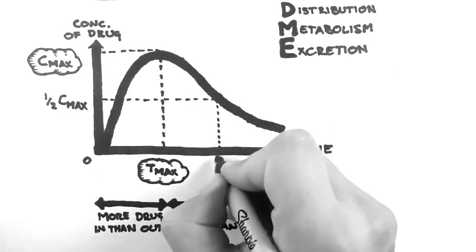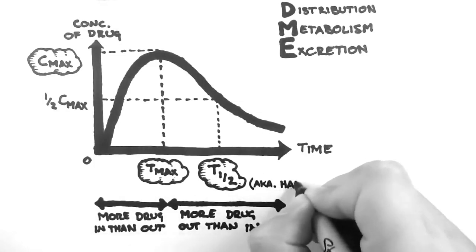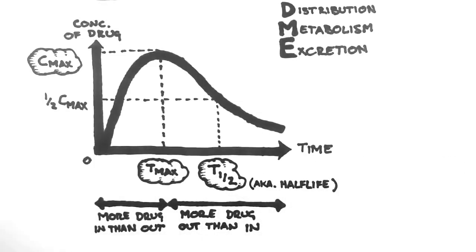And therefore, the half-life, which is often denoted T half, is the time between Tmax and where I've drawn T half here. So just to summarise, the time it has taken for the drug to drop from its maximum level to half of its maximum level is the half-life.